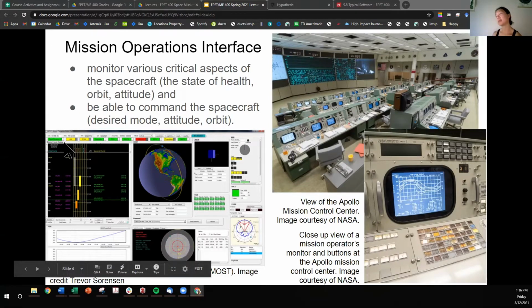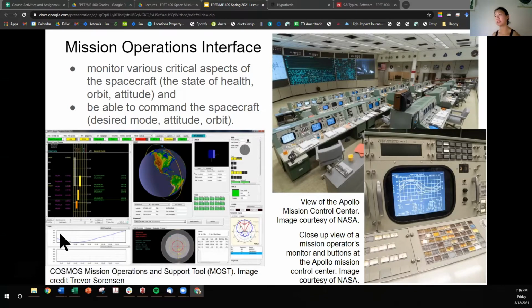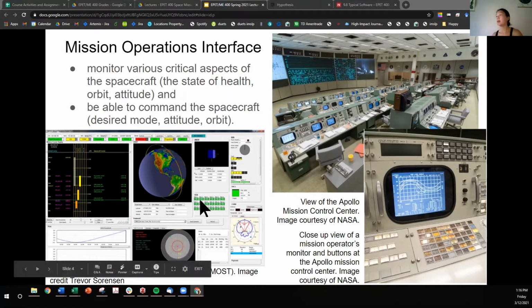So the difference between the mission operations interface on the left and on the right is that the interface on the left, Cosmos, is for a small spacecraft, and in this interface, all of the different subsystems could potentially be viewed on one screen.